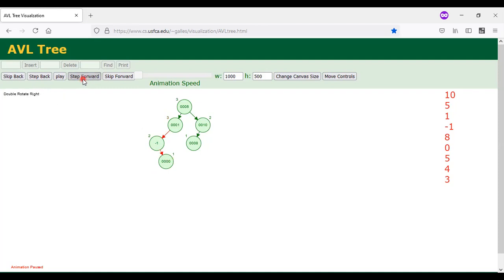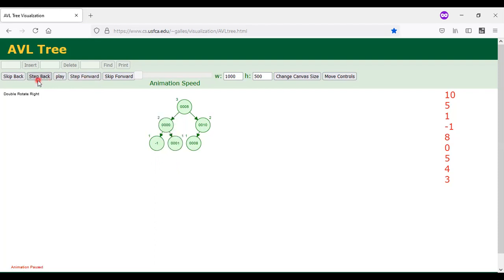We added multiple elements: one has a left side, and this left side has a right child. So we need to rebalance this one, and to rebalance it, we need to provide a double rotation.